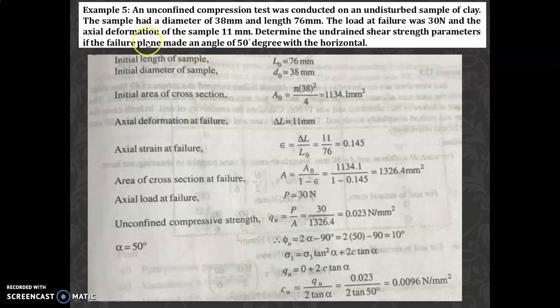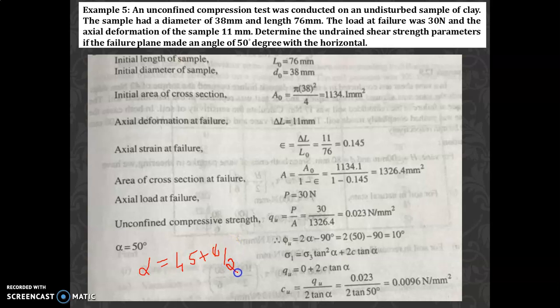Alpha is given, because it is told that the failure plane made an angle of 50 degrees with the horizontal. So alpha is equal to 50 degrees. We have the formula alpha is equal to 45 plus phi by 2. Alpha is 50, so 50 is equal to 45 plus phi by 2.